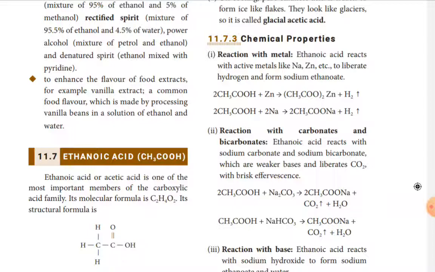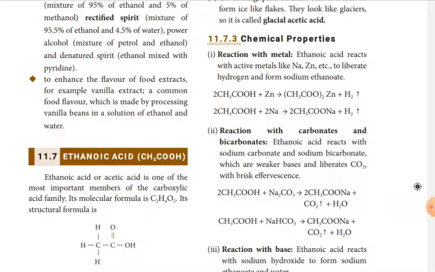Also, the person loses the sense of judgment, sense of timing, and muscular coordination is seriously impaired. And also, sometimes people consume methanol instead of ethanol.